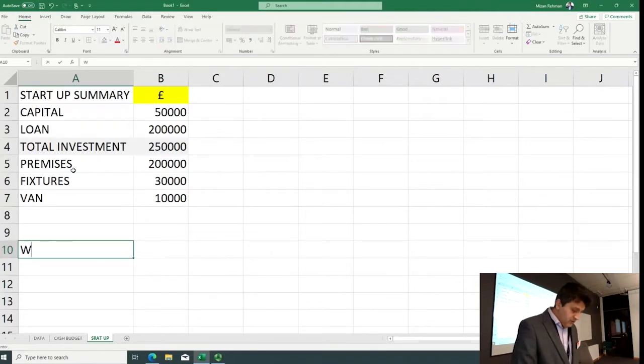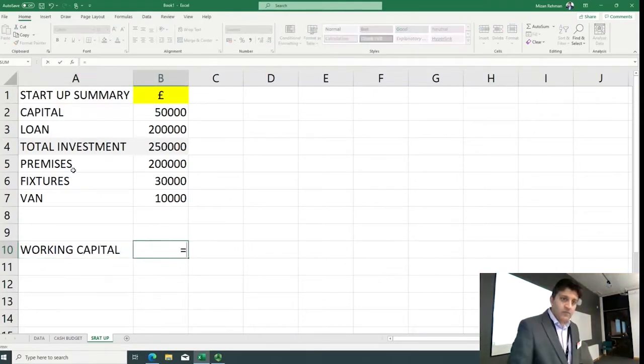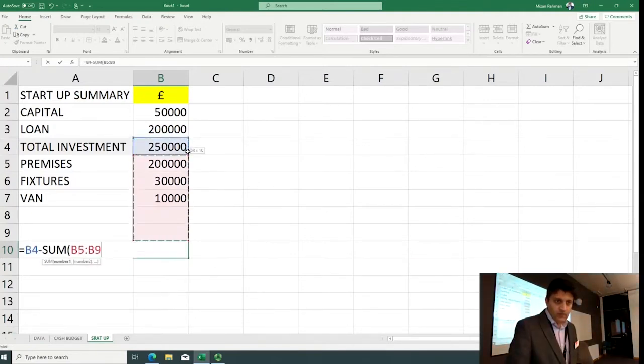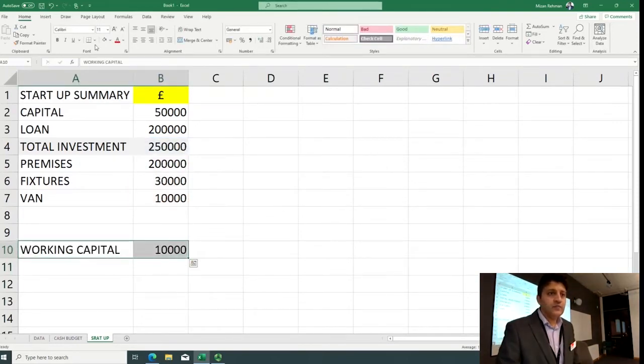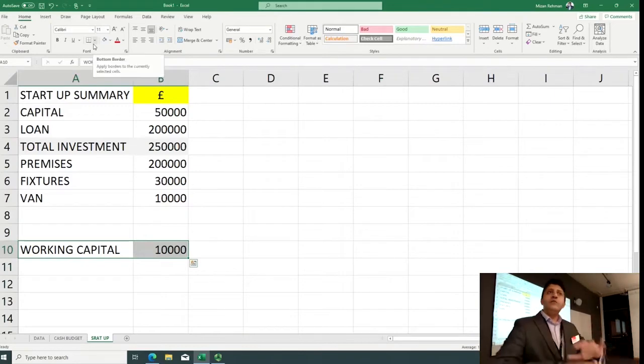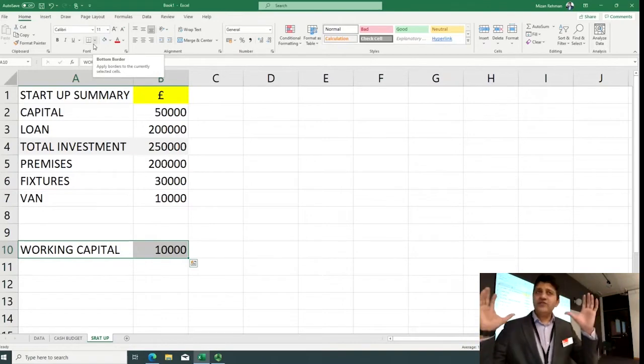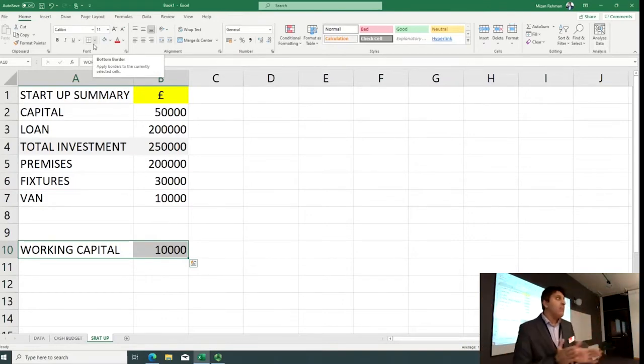Whatever the balance is would be left for our working capital. So fixed capital, we bought all of our fixed assets, and whatever is left is working capital. First we establish the business, and then we run the business. So this is our opening balance.